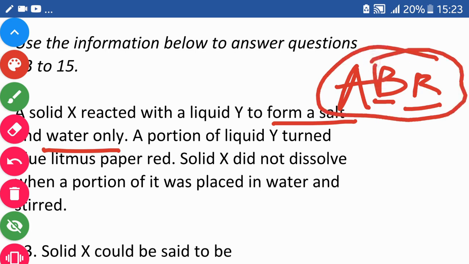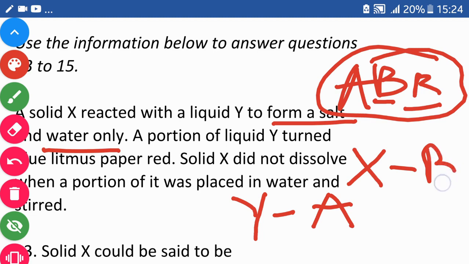So if an acid turns blue litmus paper red, we know that Y is acidic. If you have salt and water, you definitely know that X will be basic, or X will be a base.